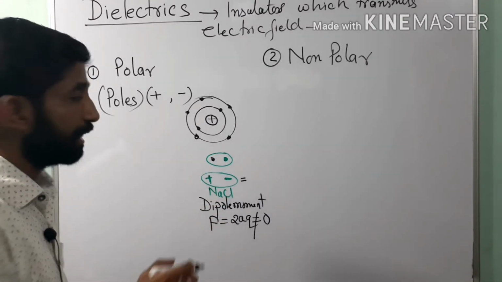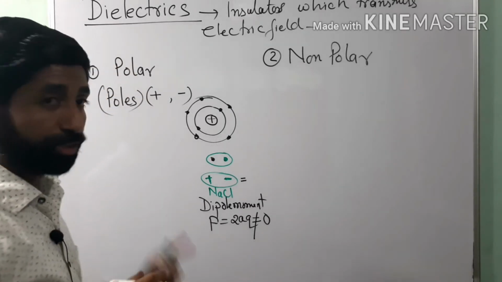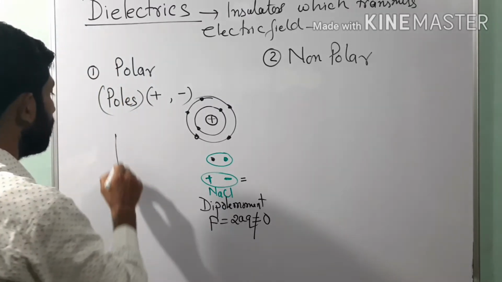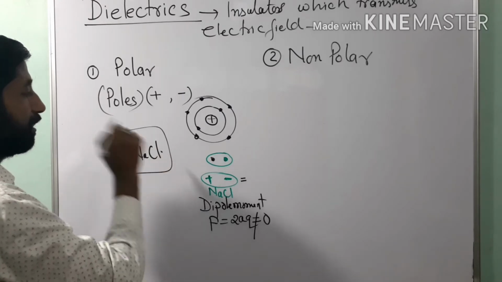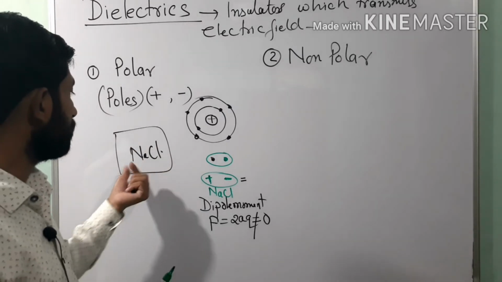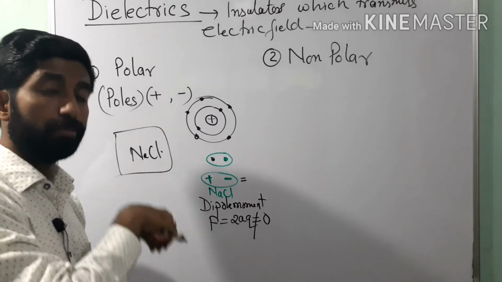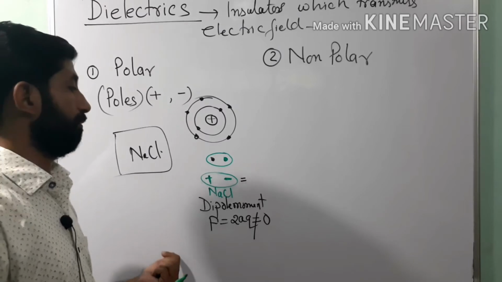sodium chloride, then that is a polar dielectric, because in general they don't have any free electrons. Suppose I have a piece of NaCl. Obviously this has no free electrons to move through it, but when you dissolve it in water, that produces different phenomena. That's not part of our business right now.